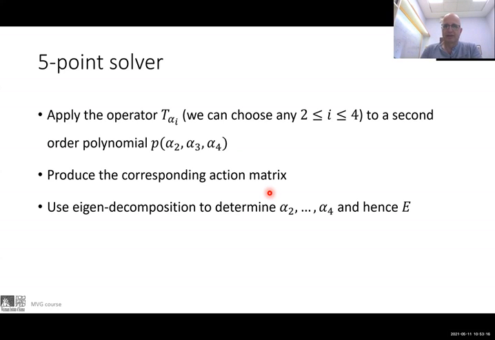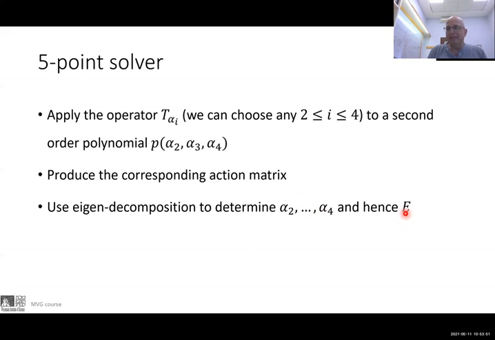Of course, this is too complicated to show with an example, but I think you should have the idea of how to solve this. I think you can even solve it with this information. Once we did the eigen decomposition, the eigenvectors give us the values of alpha 2, alpha 3, and alpha 4.